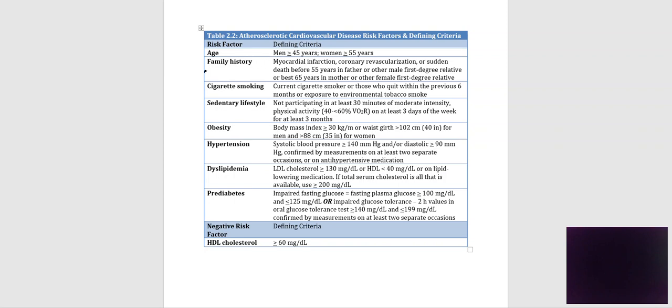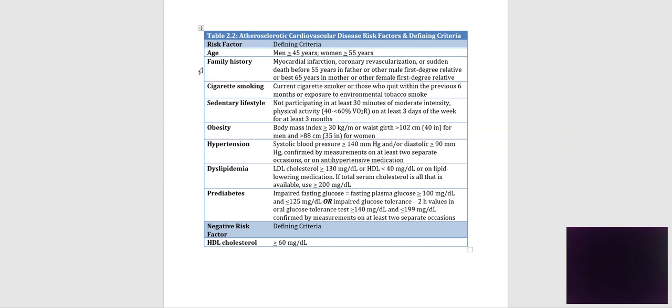The next one is family history, and this one is relatively simple. The primary thing that we're concerned with in terms of a family history of clinically significant diseases is myocardial infarction or heart attack, coronary revascularization, meaning that they've had some kind of bypass graft, or sudden death within the immediate family before 55 years old in their father or other male first-degree relatives, or 65 years old in their mother.